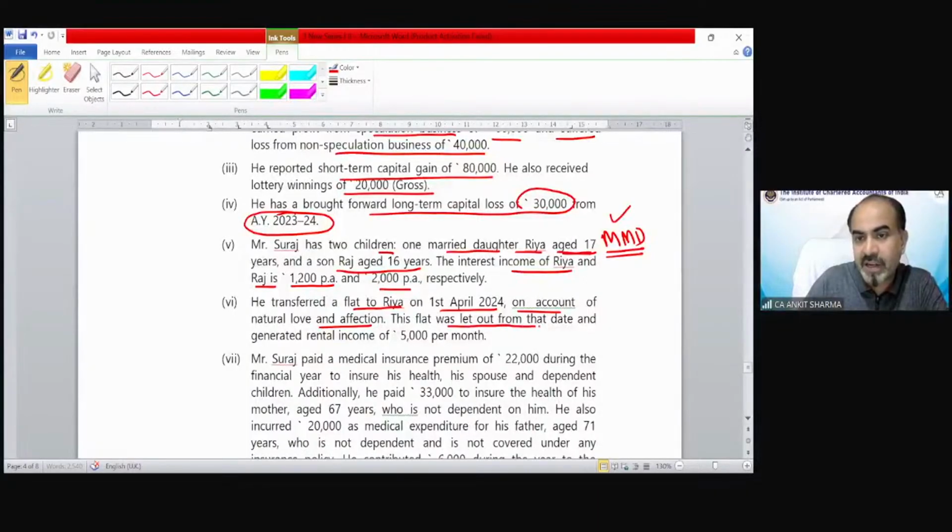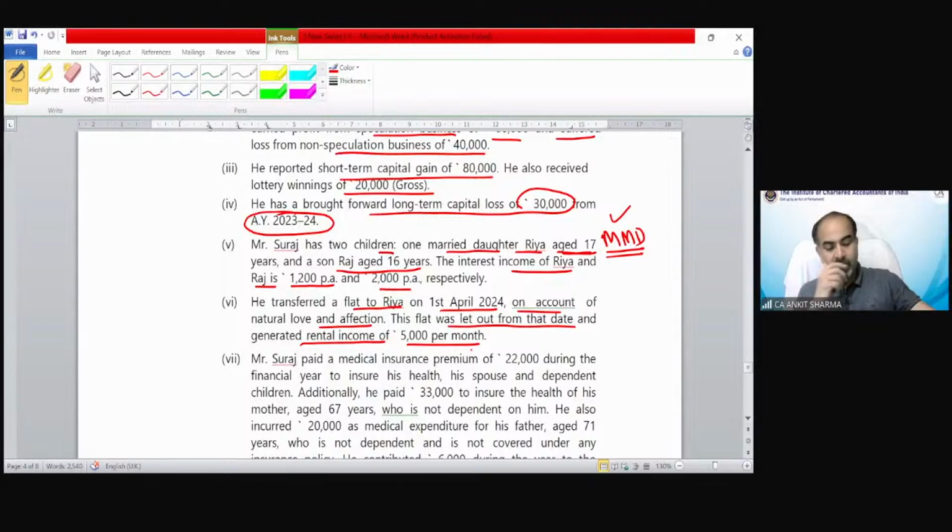This flat was let out from that date and generated rental income of 5,000 per month. So he transferred a house to his minor married daughter. In case of a house, under section 27, we have gone through those provisions. It says if there is a minor married daughter and we transfer a house property without consideration to her, in that case we will not be treated as deemed owner. She will be treated as the owner, but the income whatever she earns is going to be clubbed in the hands of the parents.